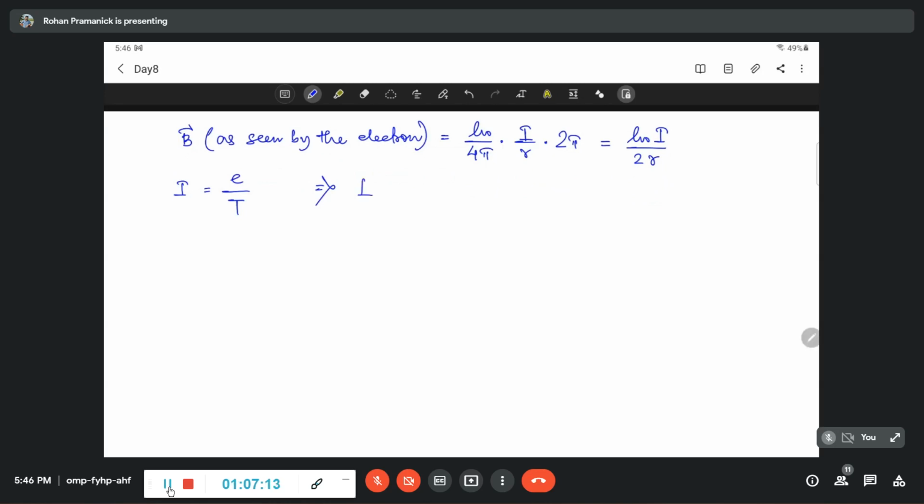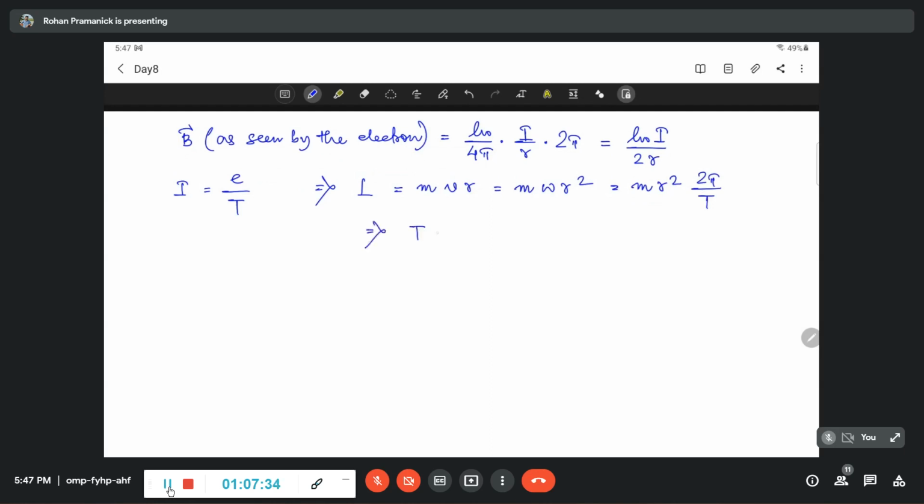So this orbital angular momentum is nothing but m v r, and m v r can be written as m omega r squared. M omega r squared can be written as m r squared times 2 pi by T, right? I'm doing it right, probably.